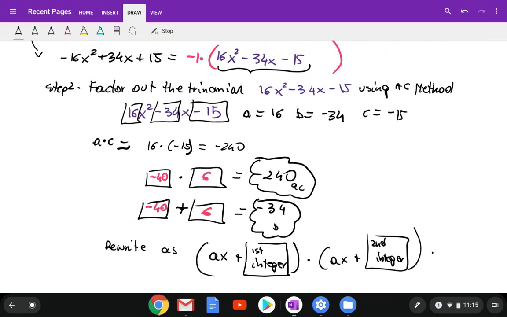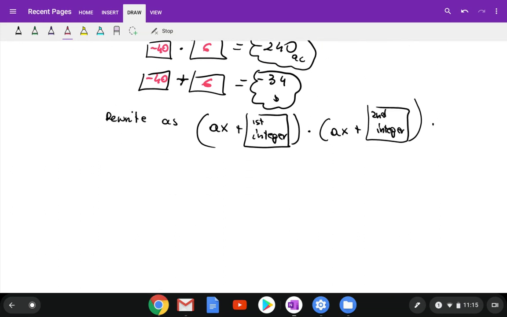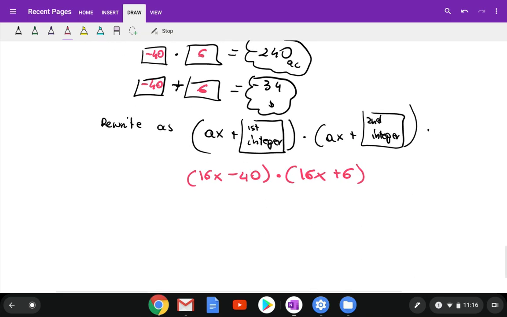In our case, a is equal to 16. So we're going to have 16x plus first integer, which was negative 40, times 16x plus second integer, which is 6, so we're putting plus 6. Okay, don't forget that this is not the final answer. We have to continue.